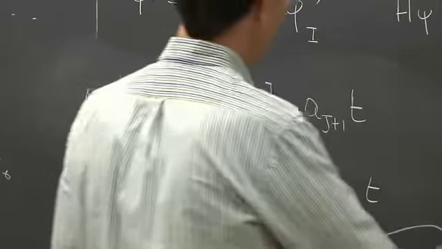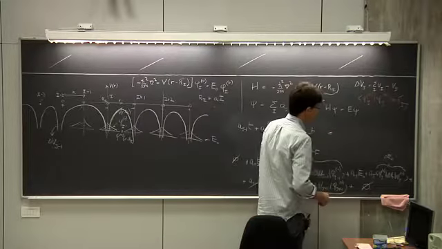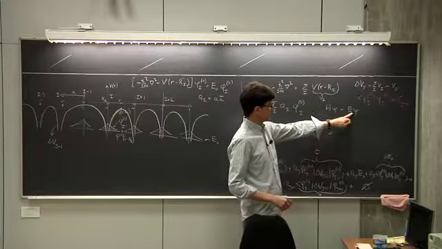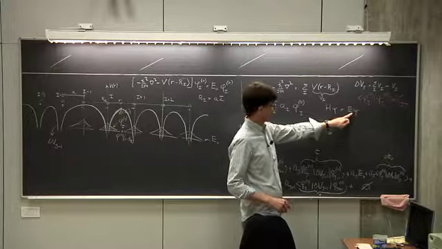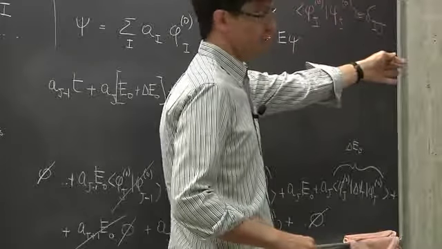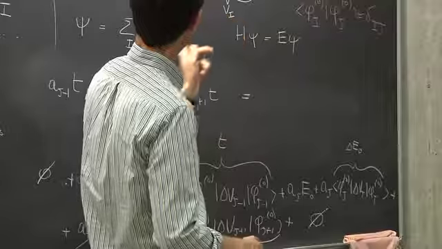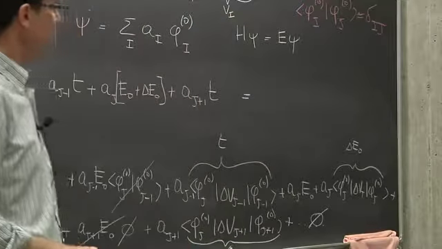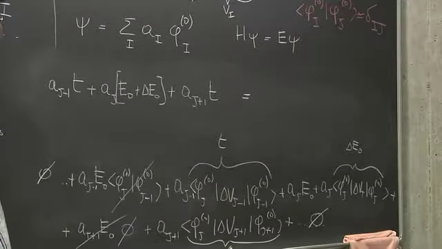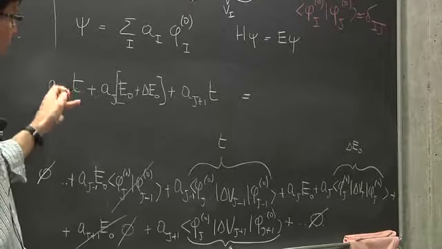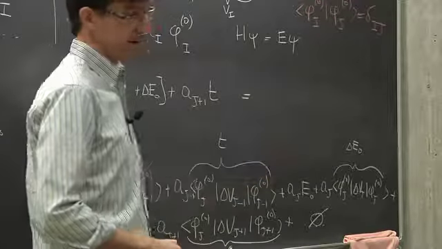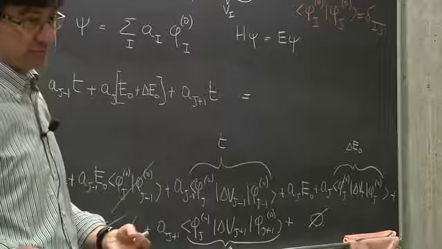Okay, now it's time to look at the right-hand side. Let me just remind you what the right side was. It was E times the series of the wave function, right? So the sum over all the a i phi i. And remember, I have to project also the right-hand side of the function onto phi j.